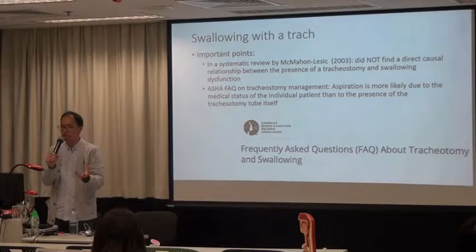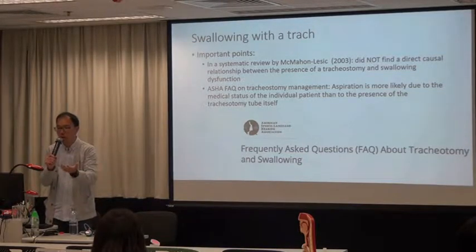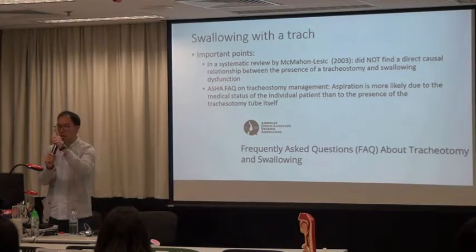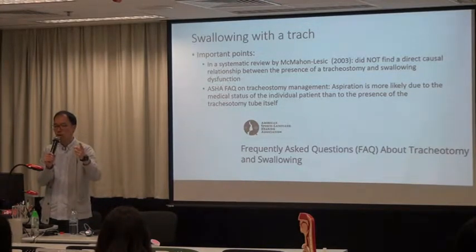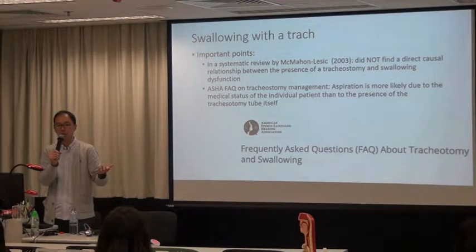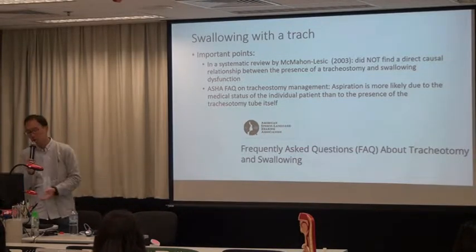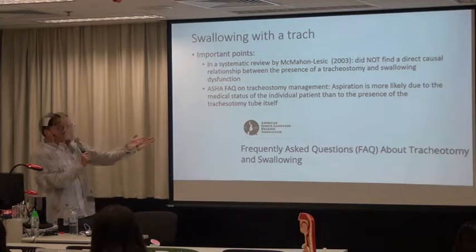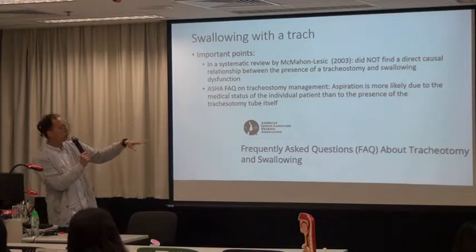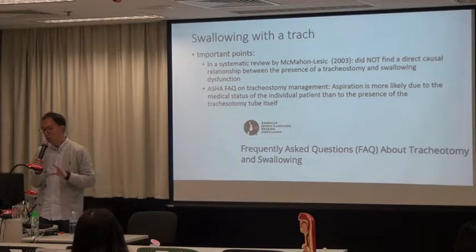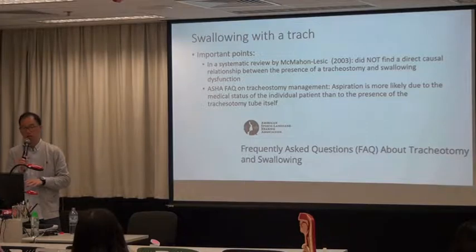But this is true, because this is one of the very few systematic reviews, and I can tell you it's very, very difficult to do. 你點樣可以 single out 咗所有因素之後，淨係話佢有個長冇長？基本上係做唔到嘅呢樣嘢，係咪啊？咁但係人哋做咗好多之後，有個 systematic review 就睇到咁樣啦。And ASHA, in the FAQ on trach and swallowing, says that aspiration in this population is more likely due to the medical status of the individual than the presence of the trach tube itself.